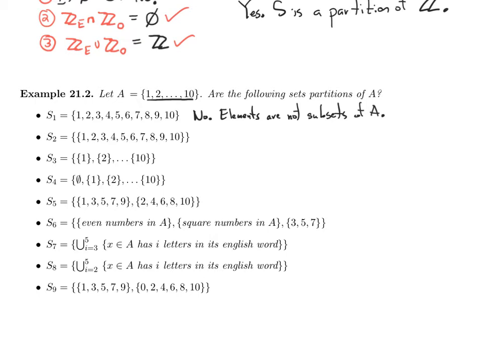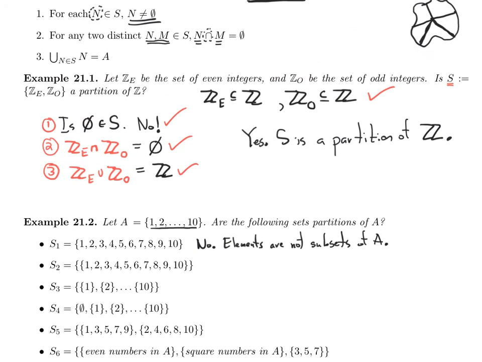Okay, now that we're back, what about S2? Well, S2 has 1 element in it. It's a subset, so it passes that. Is there an empty set in S2? There is not an empty set, so the first condition is passed. The second condition, let me scroll up again so we can read it carefully.